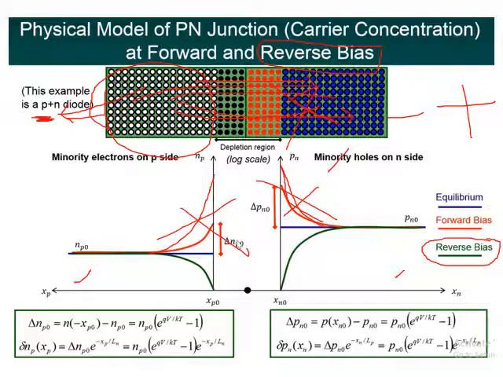Because here I had a positive potential and that positive potential was repelling the holes. But now I don't have the positive potential, I have the negative potential. So all the holes will be attracted towards the negative potential. Similarly, all the electrons will be attracted towards the positive potential, and even the depletion width will go on increasing.